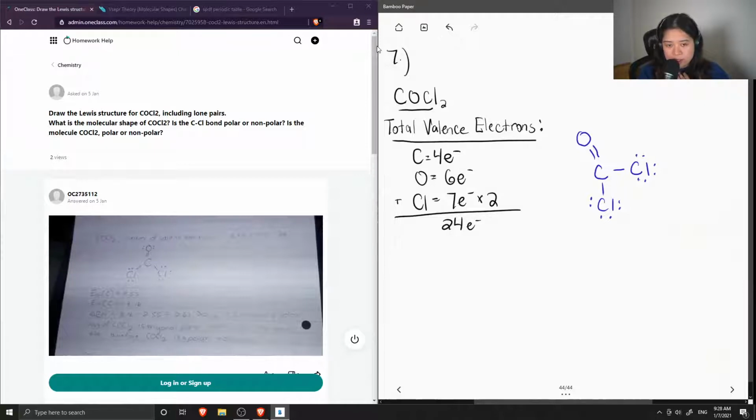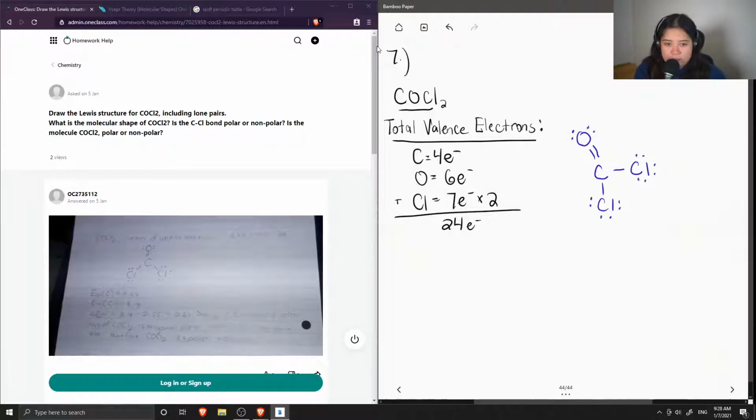So now if I draw a double bond, carbon has a full octet, and our oxygen atom will then just have 2 lone pairs. And then at this point, I like to count to see if the total valence electrons is equal to 24.